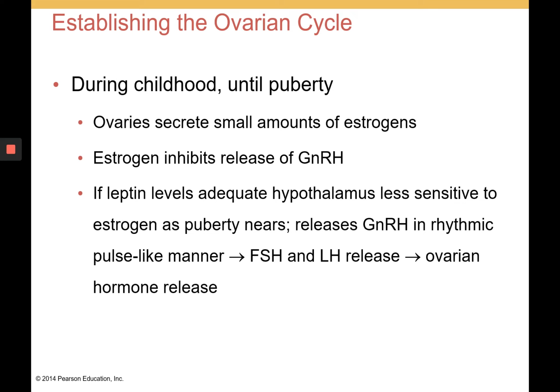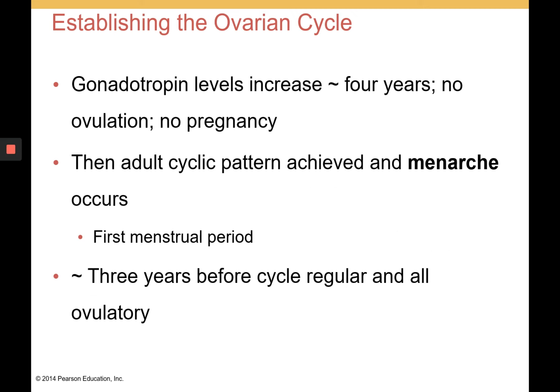But if leptin levels are adequate as the female nears puberty, the hypothalamus becomes less sensitive to these small amounts of estrogen and is able to release gonadotropin-releasing hormone in a rhythmic, pulse-like manner. After a while, that'll cause the release of the anterior pituitary follicle-stimulating hormone and luteinizing hormone, collectively called gonadotropins, and they'll travel in the blood to the ovaries and cause the release of ovarian hormones like progesterone and estrogen.